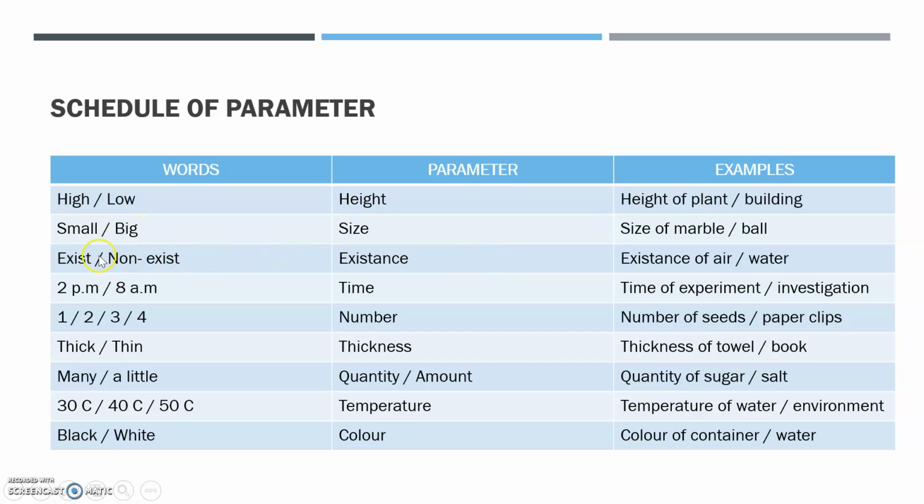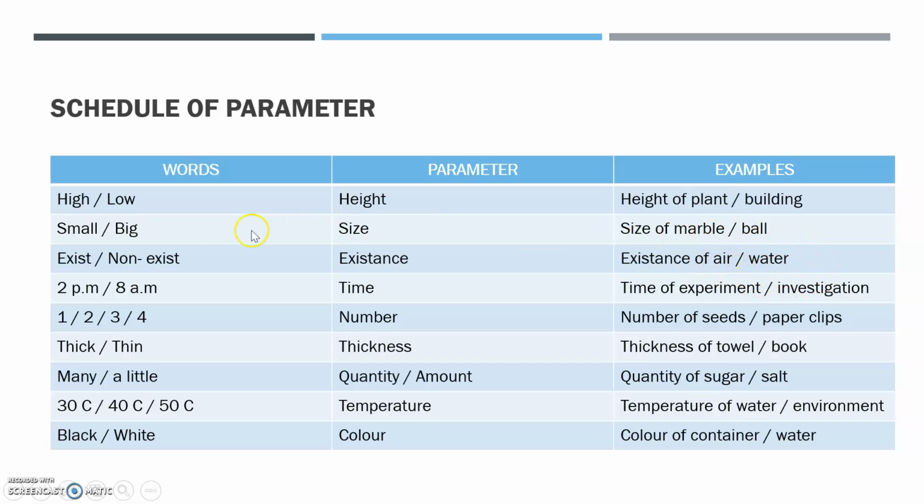Okay. Words exist or non-exist. The parameter is existence, kehadiran. Exist means wujud, non-exist means tidak wujud, not present. Examples, existence of air, existence of water, kehadiran air, kehadiran udara. Existence is the parameter, air and water are objects.